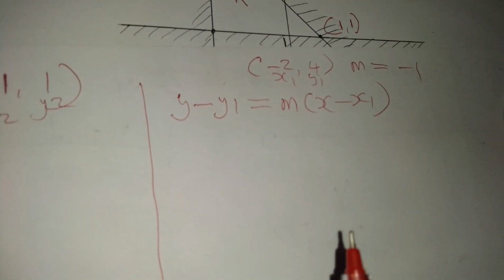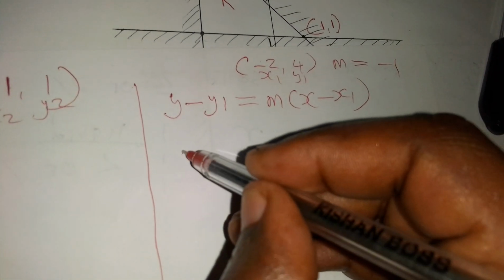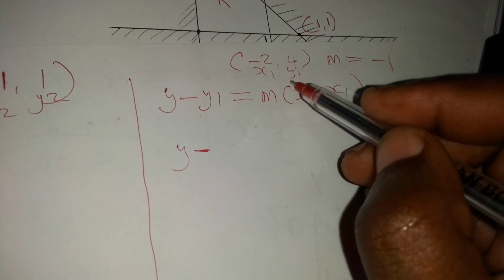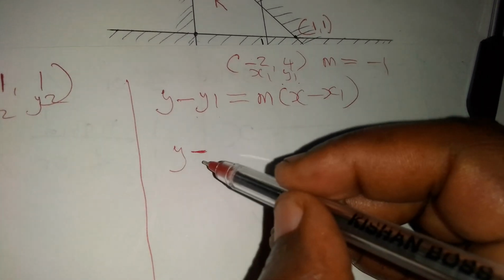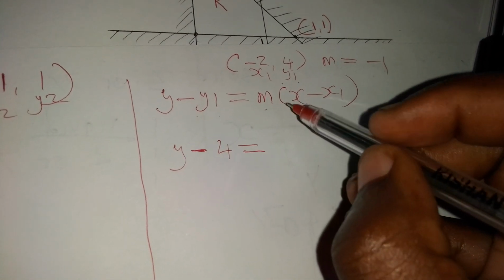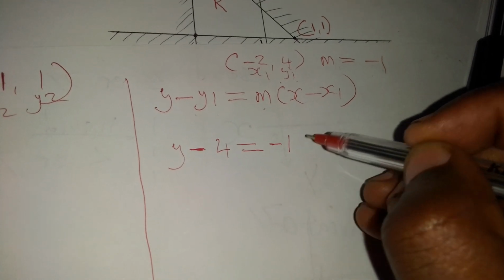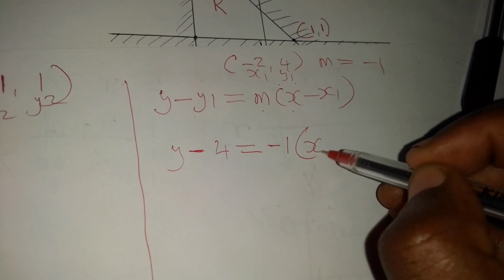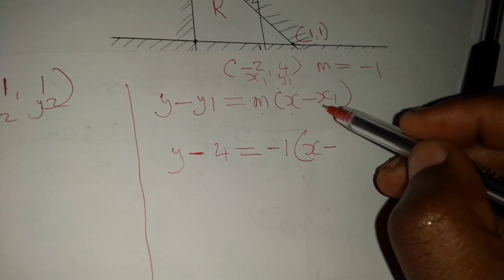Then from here, we start substituting. So y minus y1. Okay, so y1 is here, which is 4. So y minus 4 equals m. Our m representing gradient is -1, then times our x, minus x1.